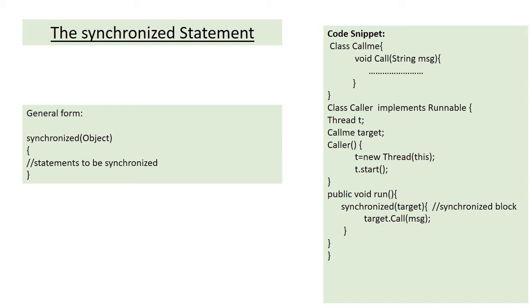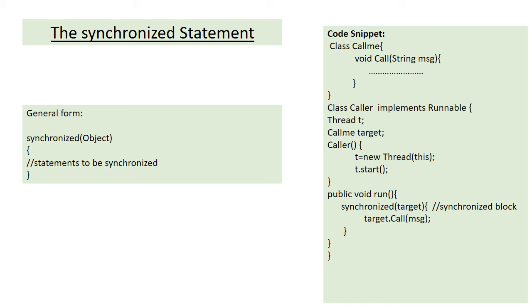That is, the class does not use synchronized methods. Further, this class was not created by you but by a third party, and you don't have access to the source code. Thus, you can't add synchronized to the appropriate methods within the class. How can access to an object of this class be synchronized?